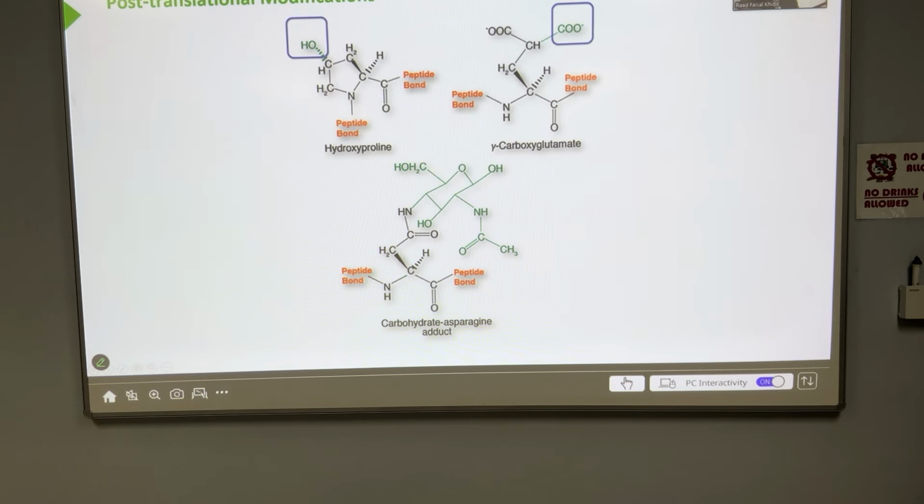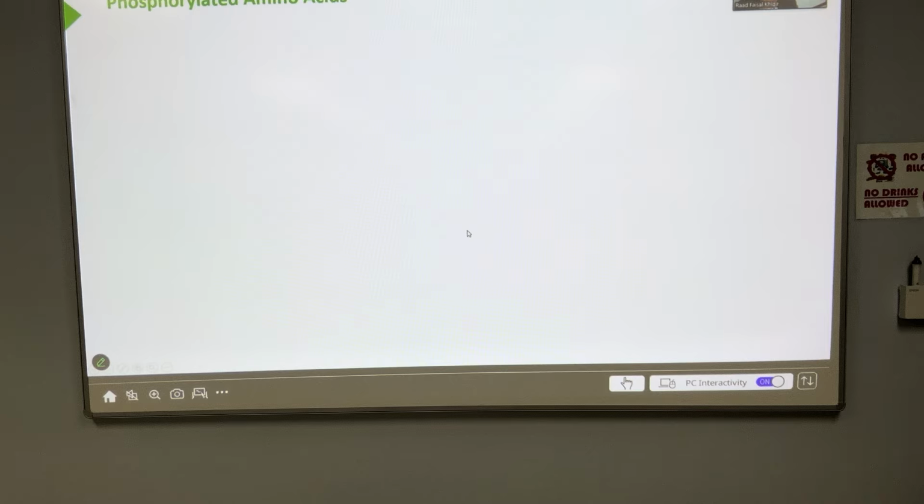What's another type of post-translational modification? See, hydroxyproline. You have a proline with a hydroxyl on it. Carboxyglutamate means you had glutamate and we added a carboxylic group to it. Carbohydrate asparagine adduct: you add an entire carbohydrate adduct to this particular amino acid.